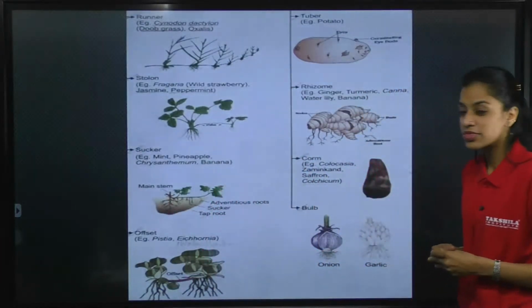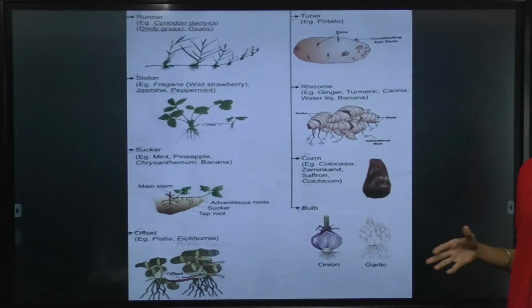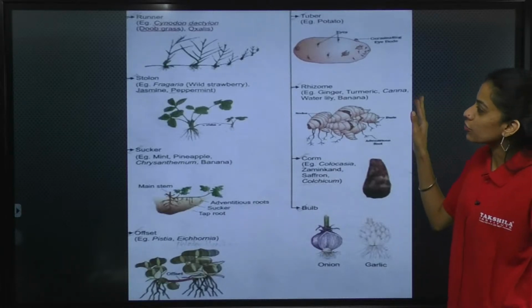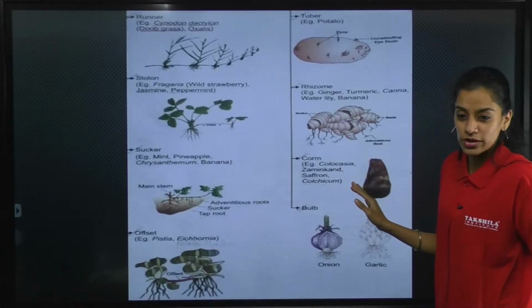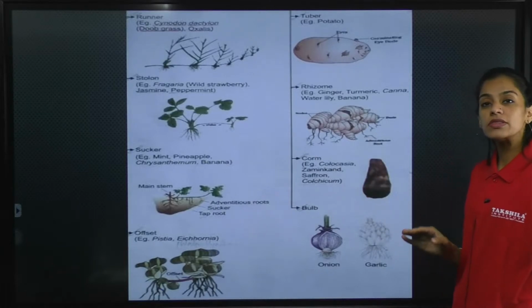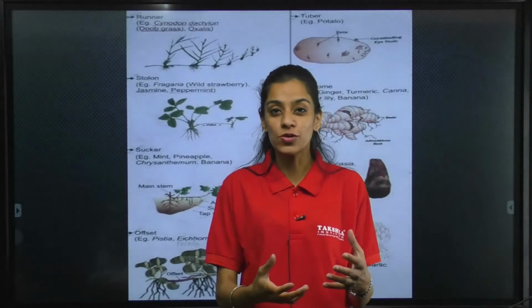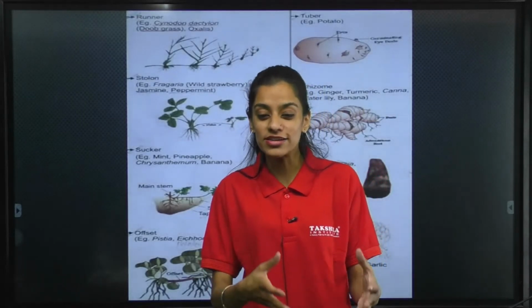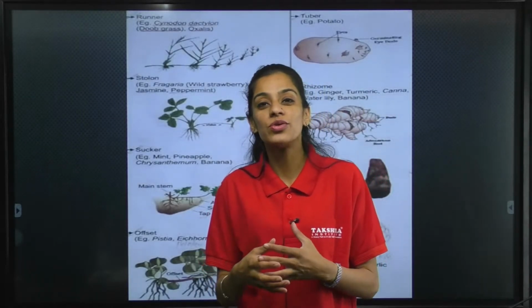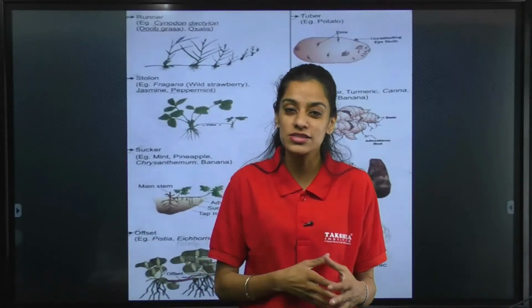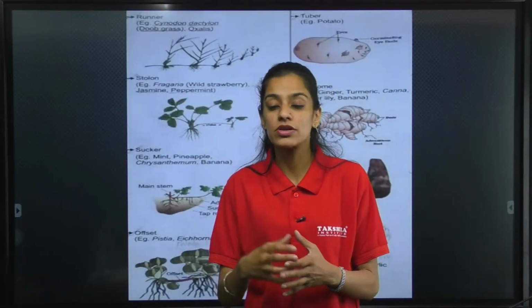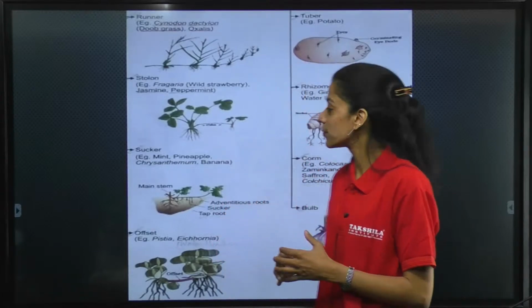Are we clear? This diagram has been taken from your NCERT book, so you can directly relate to it, right? So please remember the underground stem, because the potato does not look like a stem, the onion doesn't look like a stem. But they are the stem, and you have to see which structure is associated with what, right?